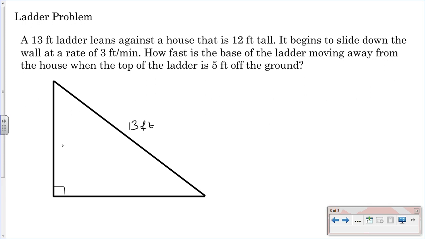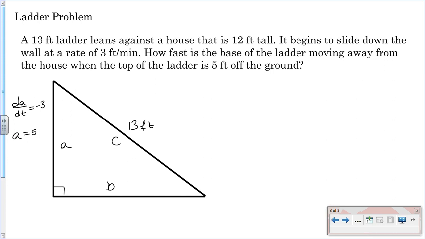So if we call this A, this B, and this C, since it is decreasing, or falling, at a rate of 3 feet per minute, our dA over dt is going to equal negative 3. And we want to know how fast the base of the ladder is moving when A equals 5.